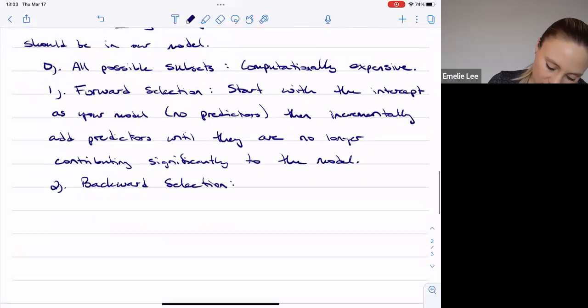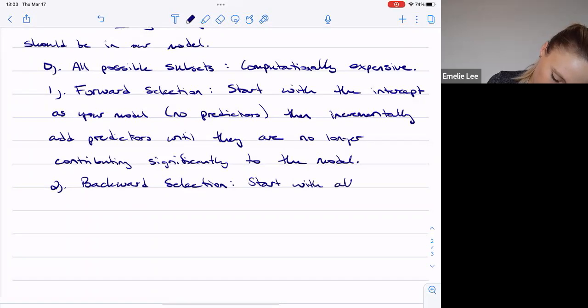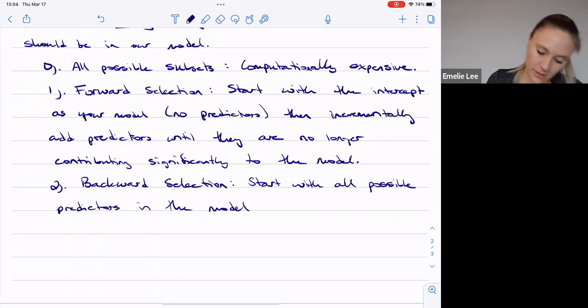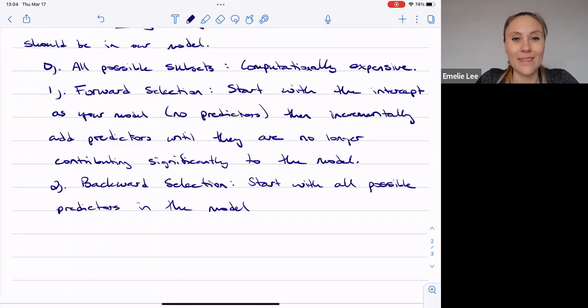Backward selection, I'll use the same format here. Start with all possible predictors in the model. Then incrementally remove the predictors that are contributing the least, so have the highest p-value, from the model, and then rerun the model and see what happens.